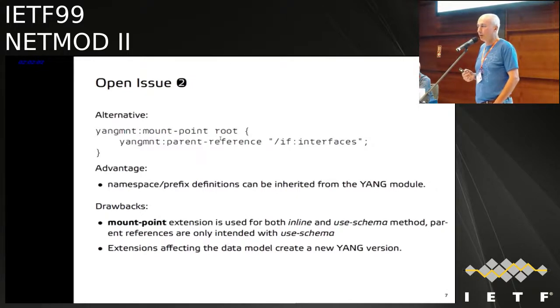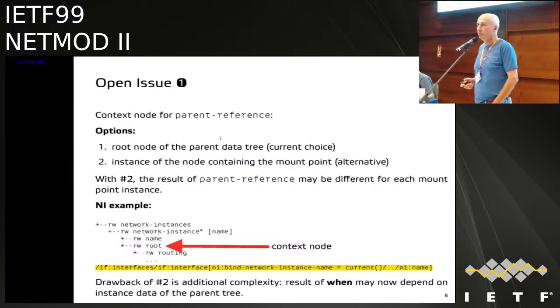If an implementation doesn't know about mount point, there are other problems, but I mean that, for example, if it understands mount point but doesn't understand parent reference, it would mean that evaluation of XPath expressions inside the mounted schema, or inside the data that belong to the mounted schema, could give different results, because in one case you have these extra nodes available in the mounted data, and in another case these won't be available, so XPath expressions could give different results, right?